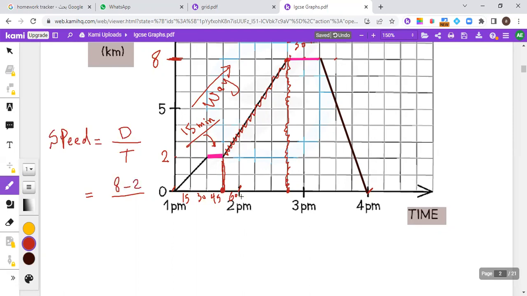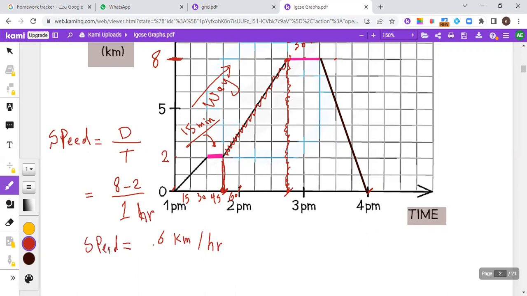What is the time from 1.45 to 2.45? It will be 1 hour, or 60 minutes. So it is 6 kilometers per hour. That is the speed.